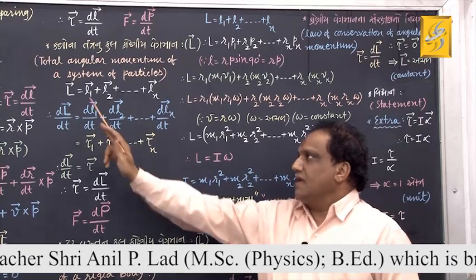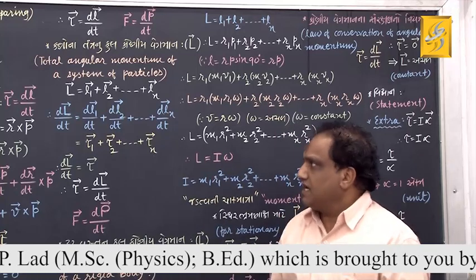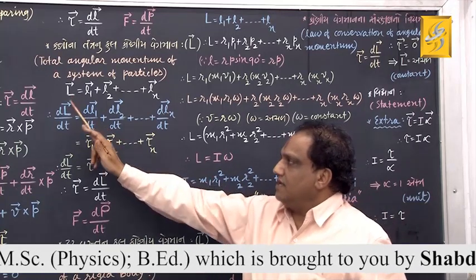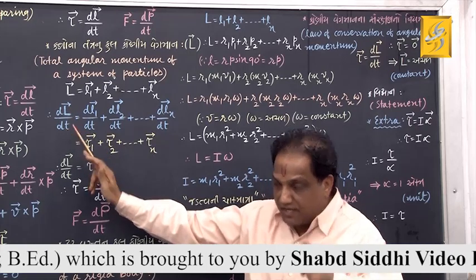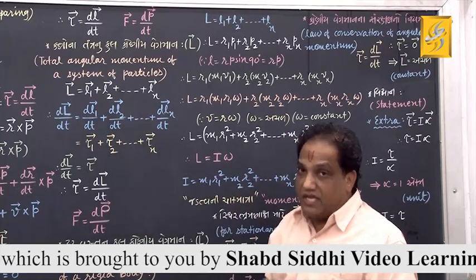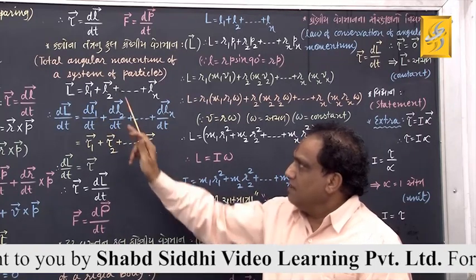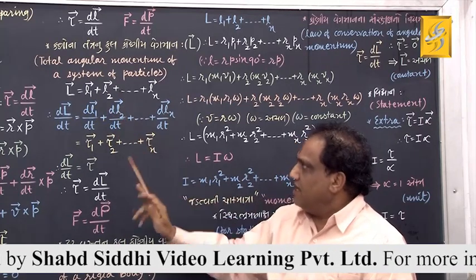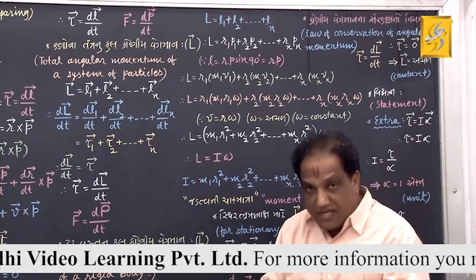Fine. Now take d by dt on both sides, in each term on the right hand side. Come on. Take d by dt here. So it will give you vector dL by dt. Take d by dt here in each term. Vector dl1 by dt plus vector dl2 by dt plus dash dash dash plus vector dln by dt.